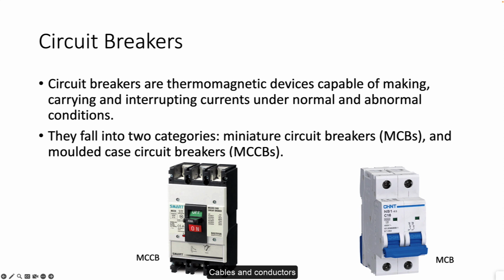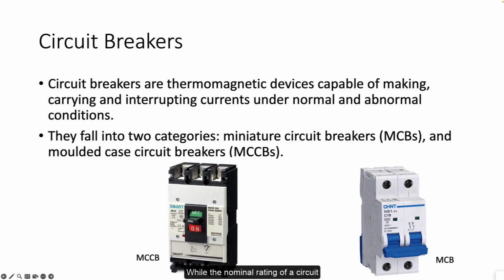Cables and conductors used in electrical installations are designed to have a certain current carrying capacity, CCC. This capacity is influenced by factors such as conductor size, insulation type, and ambient temperature.